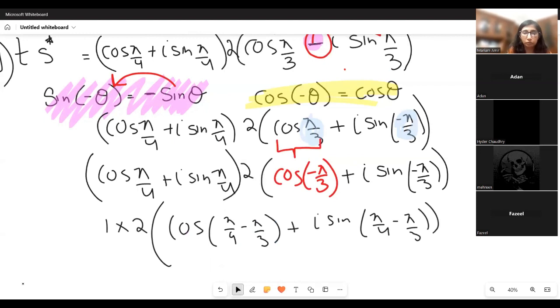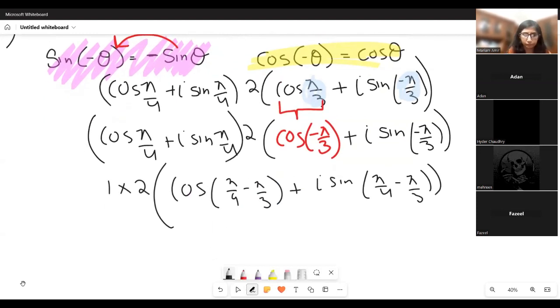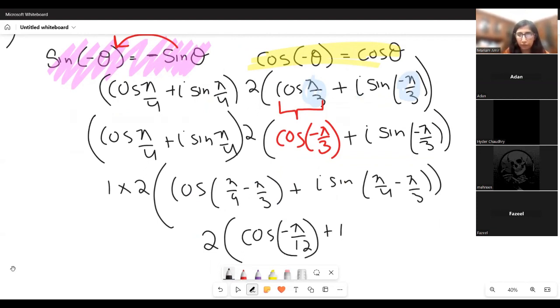So we're getting 2 times cos 3 pi minus 4 pi, which is minus pi by 12, plus iota sine minus pi by 12. Let me check the answer. It is correct.